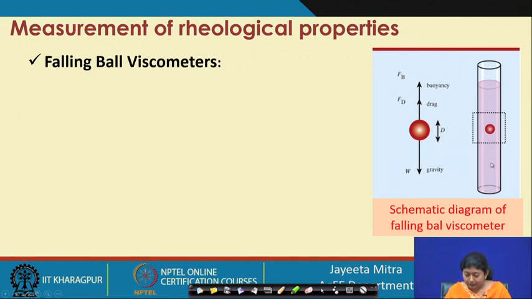So, if we can measure the terminal velocity, from there we can get the dynamic viscosity of the liquid.